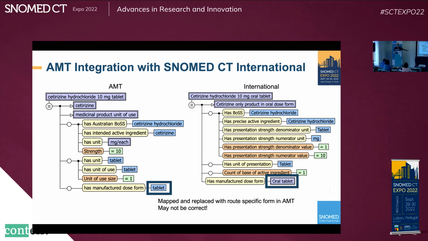The next thing is this idea of unit of presentation. And AMT has a similar notion, which is this idea of unit of use. And it's saying something slightly different here in that AMT is saying that the size of this is one tablet. This is a very controversial and poorly understood feature in AMT that we may actually be trying to get rid of, because it just creates a problem.